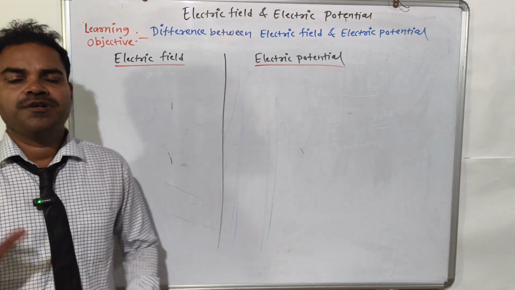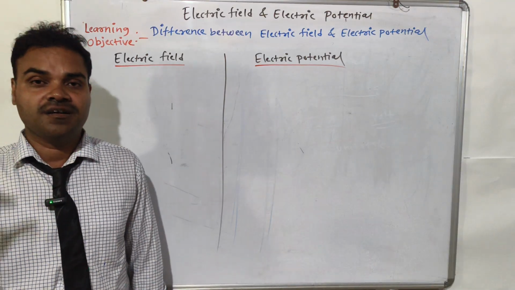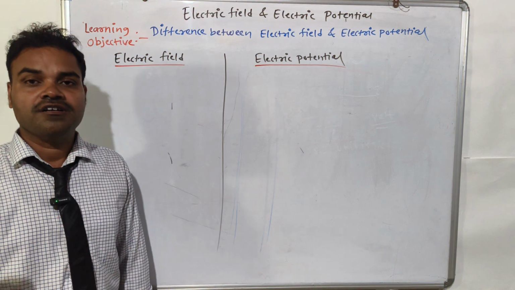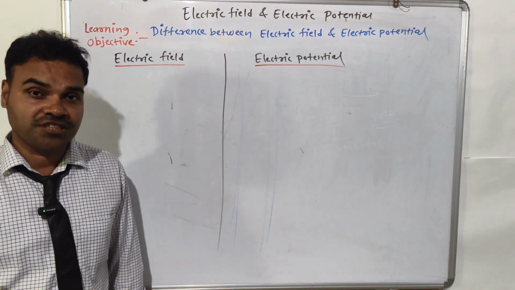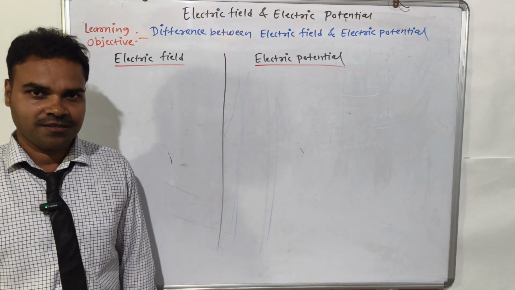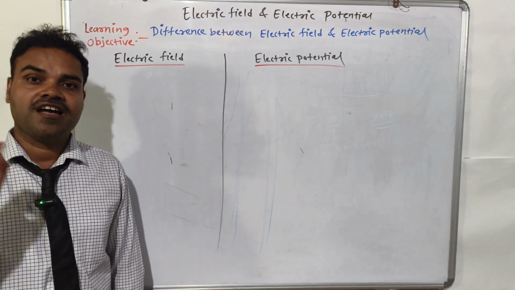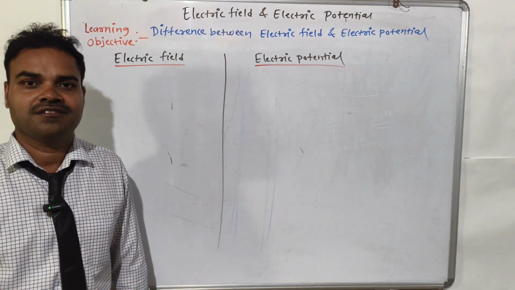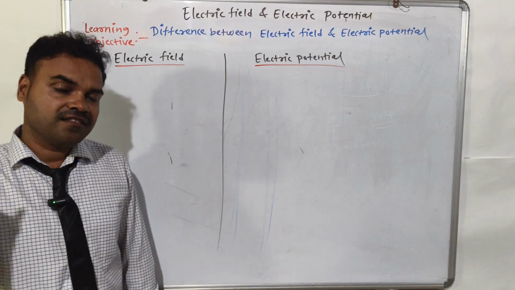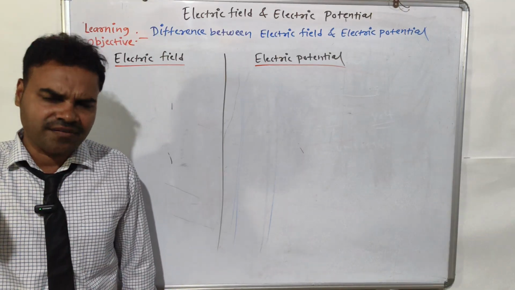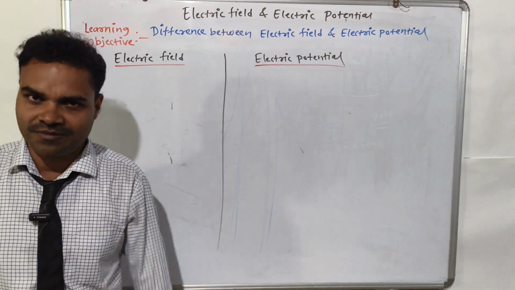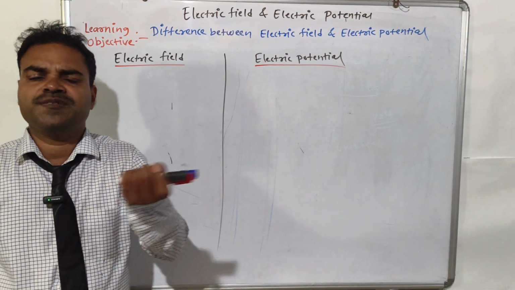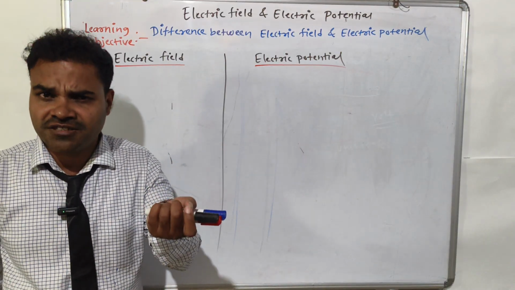Why? Because when we rub this balloon on nylon cloth, there is a production of charges on the surface of the balloon, and these charges have their own electric field, and this electric field applies the force of attraction on small pieces of paper, because these pieces of paper have their own charge.